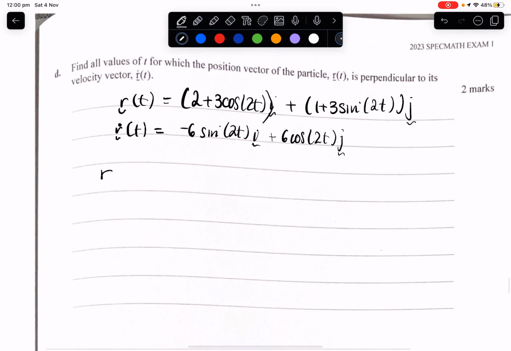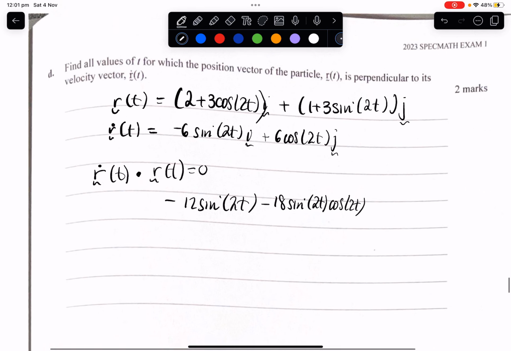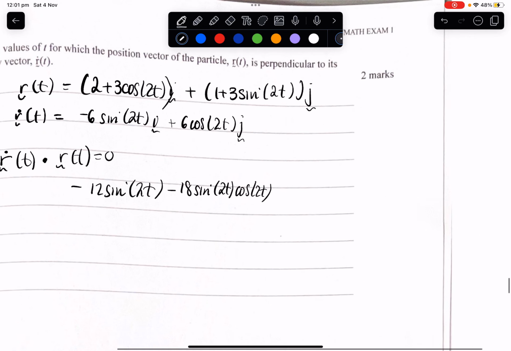And so you want r dot of t dot product with r of t to be equal to 0. Now, that's negative 12 sine 2t minus 18 sine 2t cos 2t. Oh, this looks horrible. It's 2 marks though.